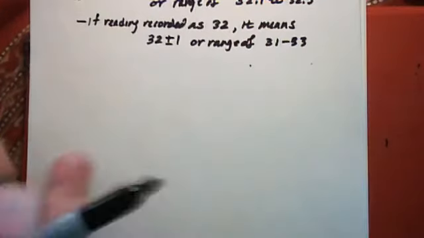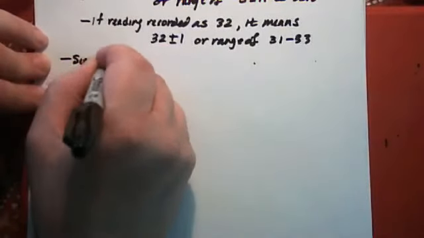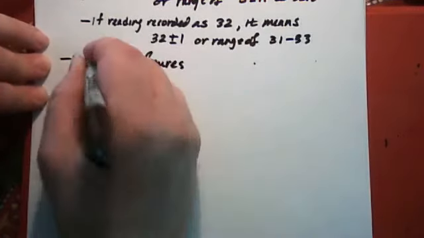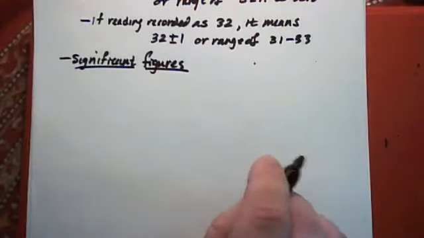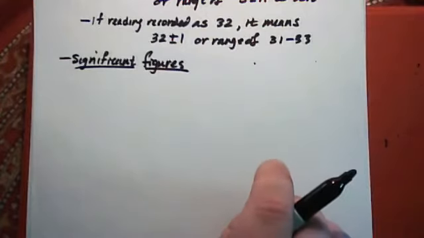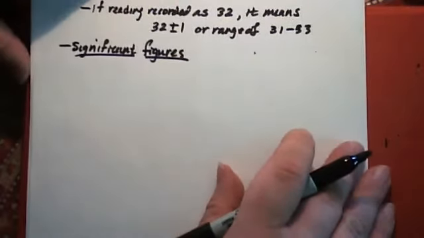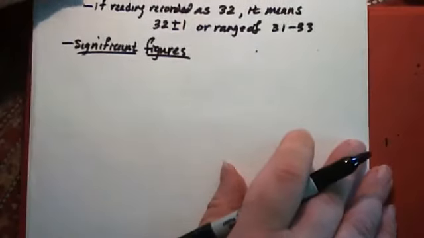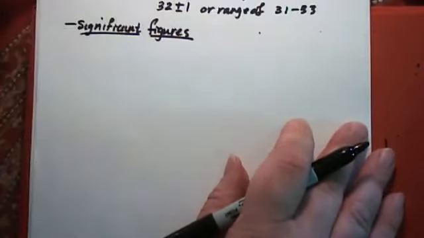Okay, further related on this topic would be the subject of significant figures. Significant figures are meant to help us understand how accurately we know a number from a measurement, and to help us maintain that level of accuracy through calculations so that we don't end up thinking that we know the result of a calculation more accurately, or in some cases less accurately, than we really do know it.